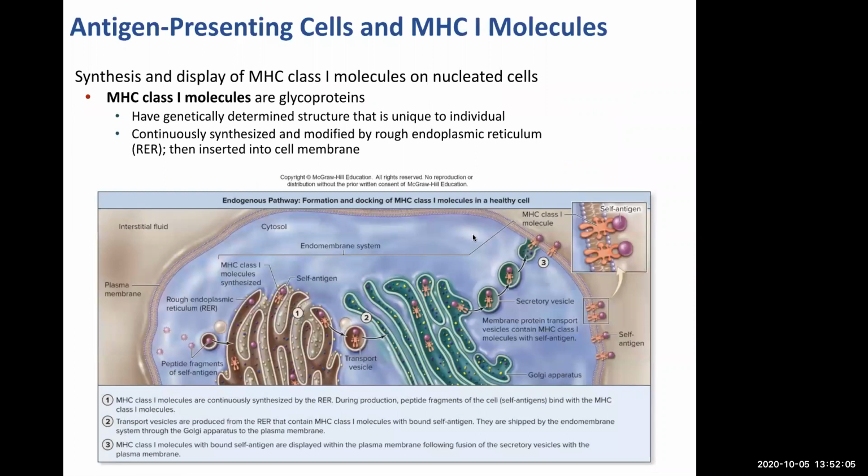So what this tells you, again, remember, as I was learning this material, I think pictures are really, really helpful. You can draw yourself some little crude drawings to help yourself remember these interactions. But first and foremost, you need to remember that all nucleated cells have MHC class 1, and what MHC class 1 holds and presents is antigen that comes from inside of the cell.